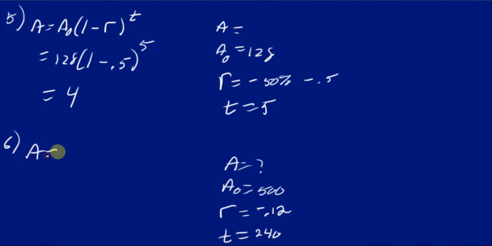So A is equal to A sub 0, 500 milliliters of air left, times 1 minus 0.12, and that's going to be raised to T. That was the first question: what's the model?